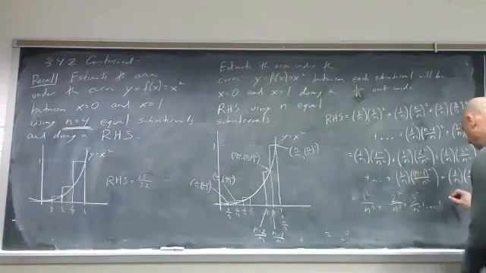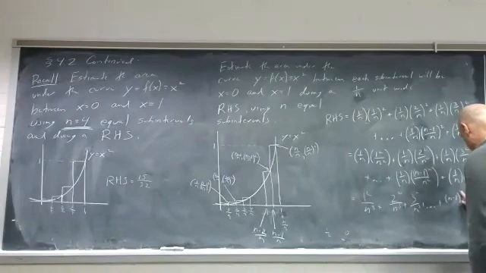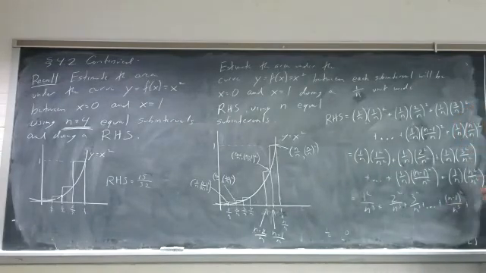The second last one is going to be n minus 1 squared over n cubed. And the last one is going to be n squared over n cubed.